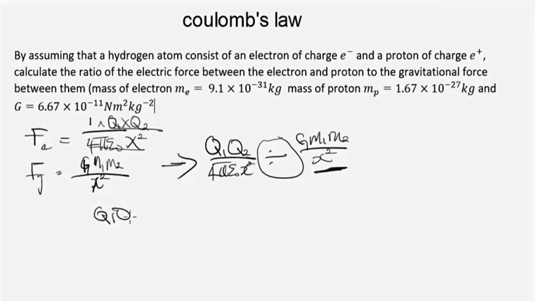So the equation will directly change to Q1 Q2 over 4 pi epsilon naught x squared, times x squared over G m1 m2.